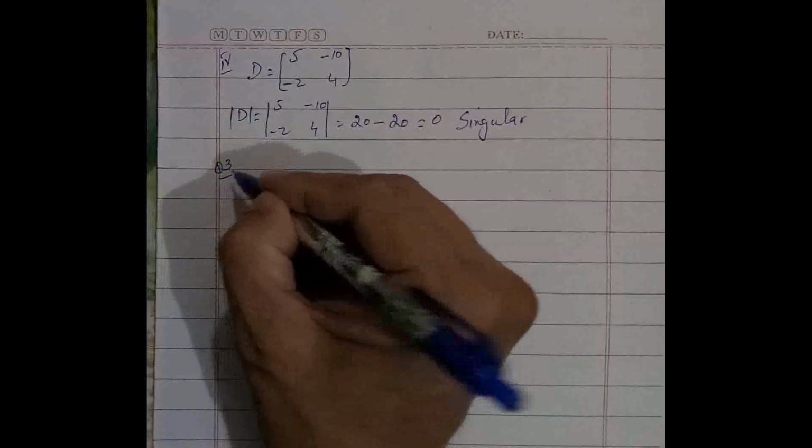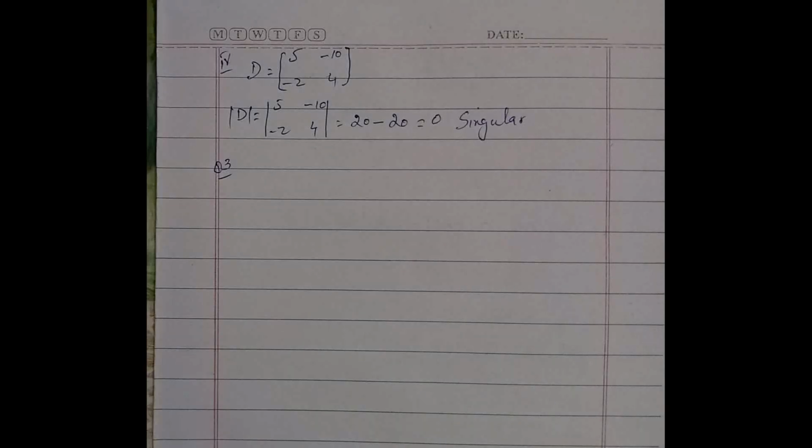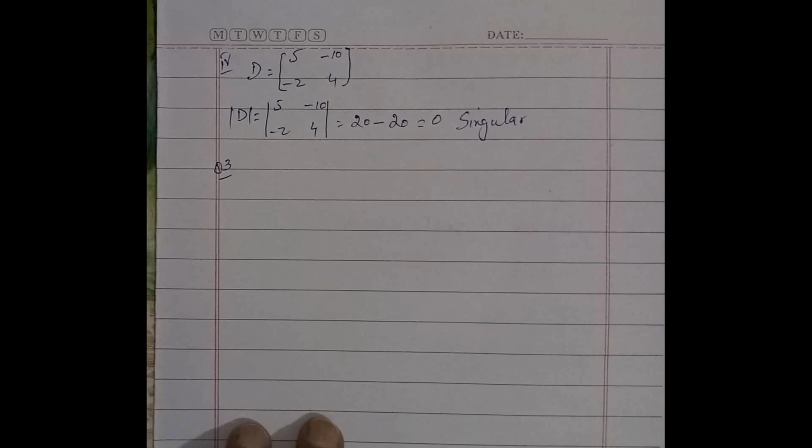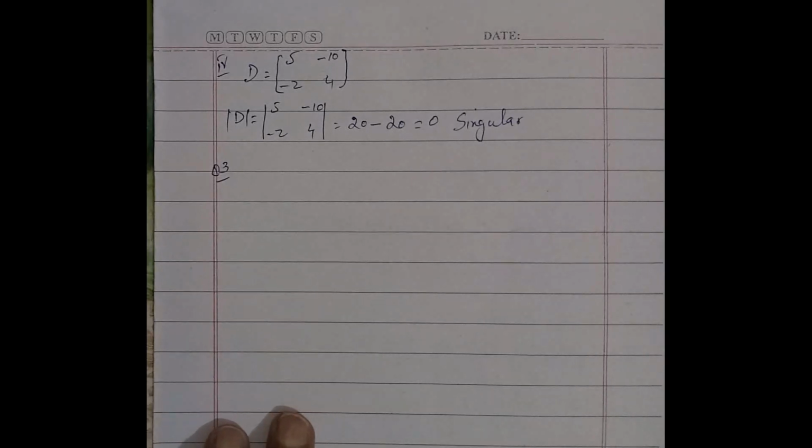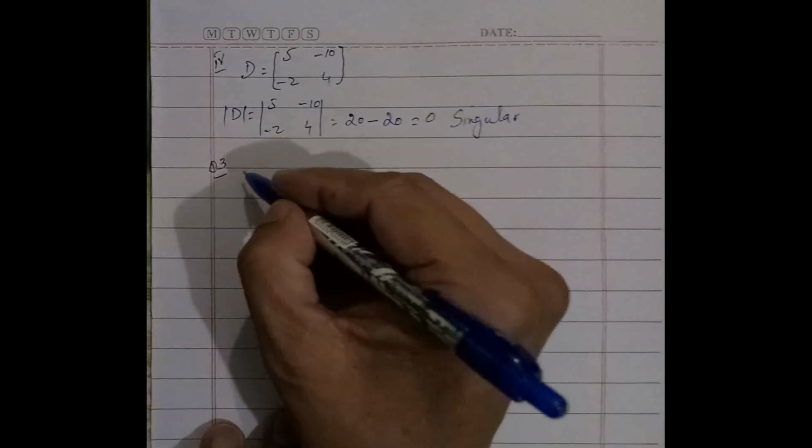Question 3, in which find the multiplicative inverse, if it exists, of each. So we find the multiplicative inverse if the matrix exists. Now we start.